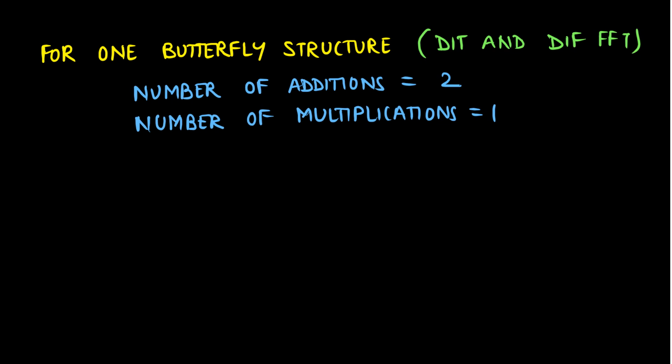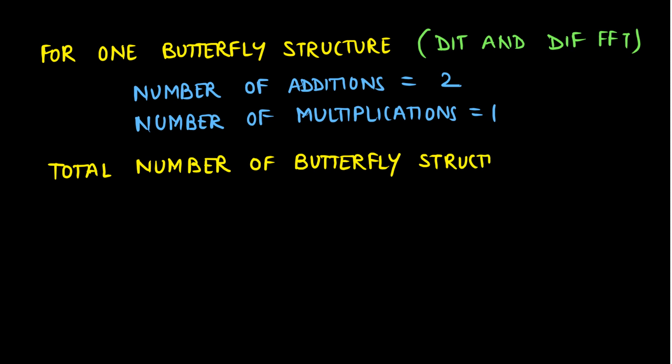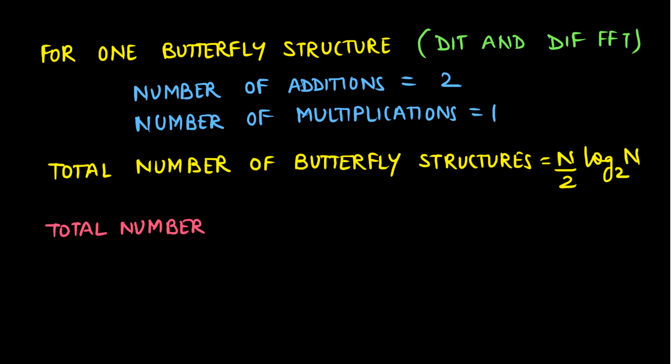Therefore, the total number of additions would be equal to the number of additions for one butterfly structure times the number of butterfly structures, that is N by 2 into log N to the base 2.